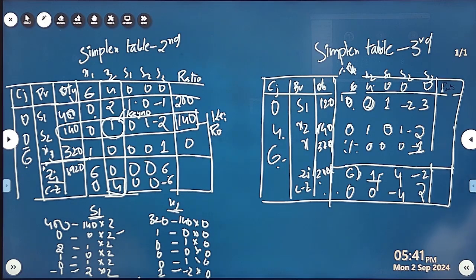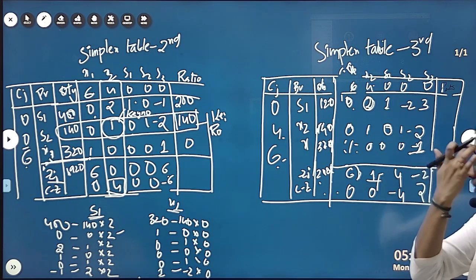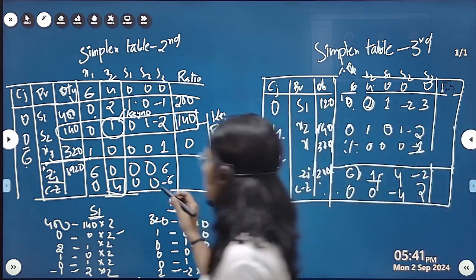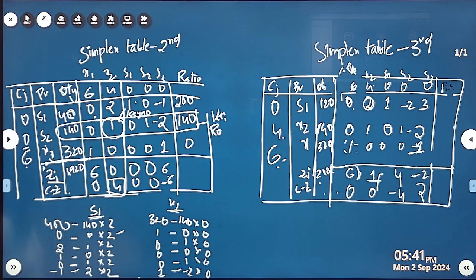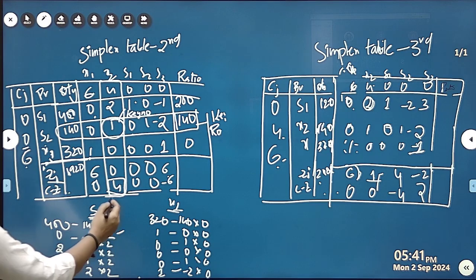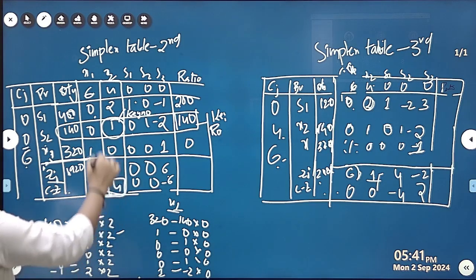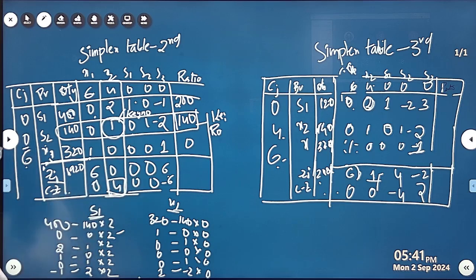Online you have asked how to select the key column and key row. So here, what is the maximum C minus Z value in this table? 4, right? So now this will be the key column.